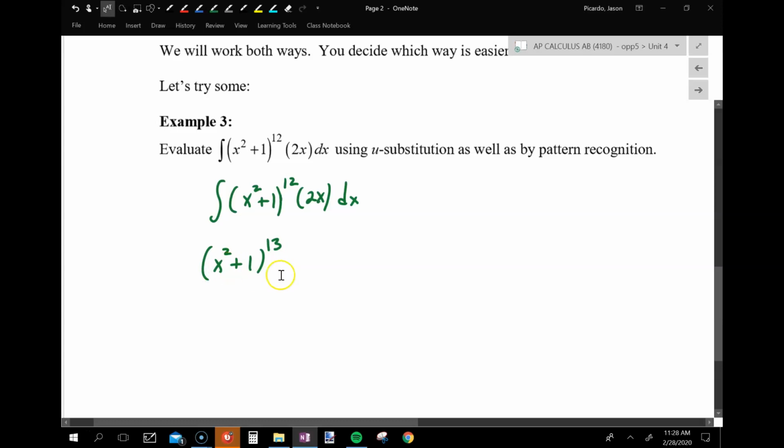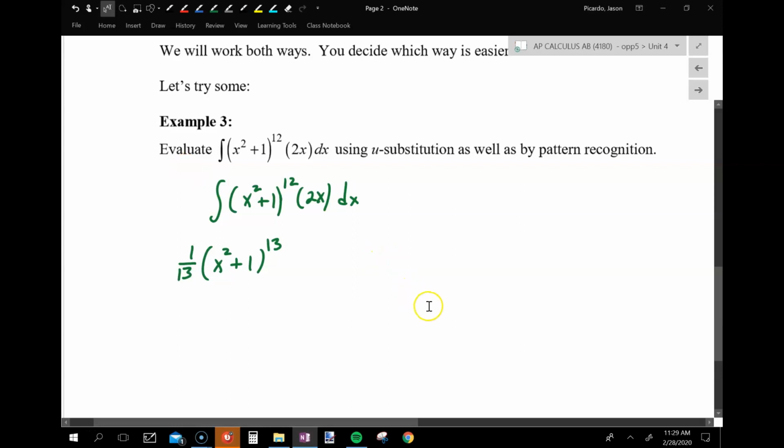Now, Brandon, the problem with this being a 13 is when I take the derivative of the outside using a chain rule, I'd wind up with a 13 in front, right? So I got to correct that. 1/13, right? 1/13.